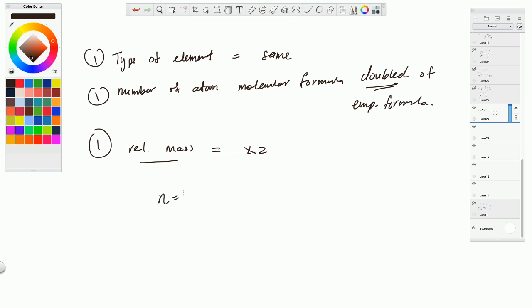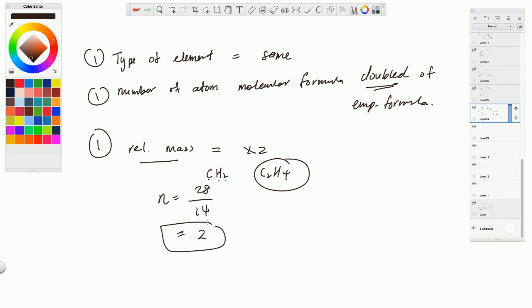Some we don't understand. Okay, let me count it up for you. For example, just now was CH2 and C2H4. So the n is basically this thing, which is 24 plus 4, 28, over this one, CH2, 14, so 2. So that's what the double comes from. So you just have to take CH2 times 2. You get C2H4, like that.